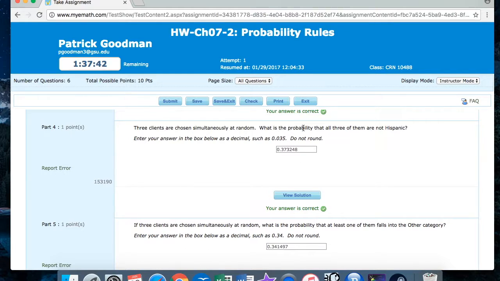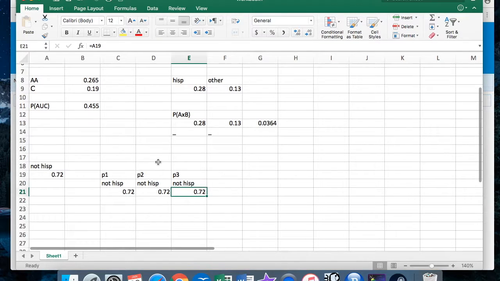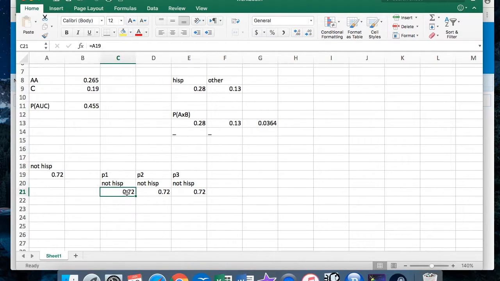Now, if we're saying the probability that all three of them are not Hispanic, are we talking about a sum here? Are we talking about a union? Or are we talking about intersection? Well, if we're saying all three of them must have a characteristic, in this case race, then when we pull the three people out, this one cannot be Hispanic, this one cannot be Hispanic, and this one cannot be Hispanic. So it's not Hispanic and not Hispanic and not Hispanic. In other words, we're going to do multiplication, right?